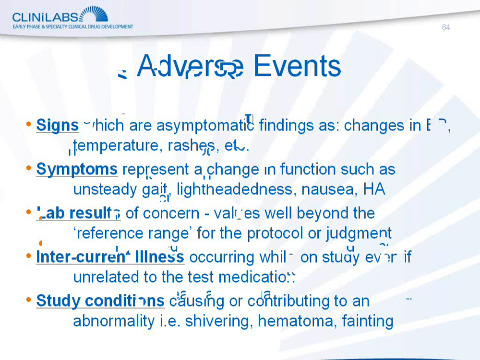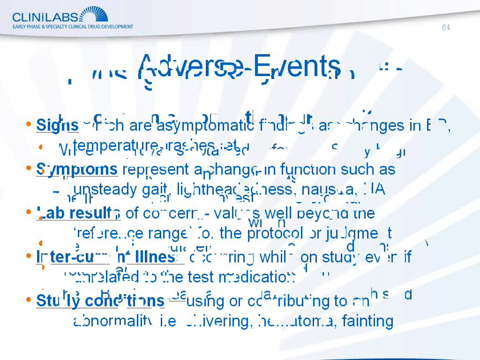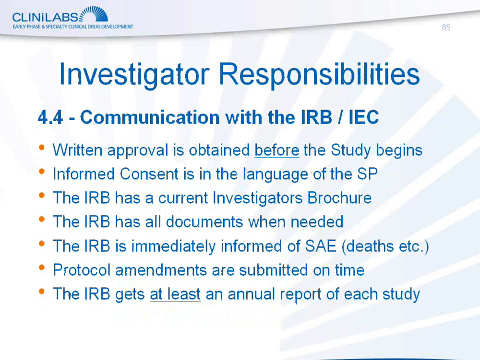The fourth responsibility, again, of the E6 investigator, Section 4, 13 different responsibilities, this is the fourth one, is the communication with the IRB, Institutional Review Board, or the International Ethics Committee. And this is that there is written approval before the study begins, that the informed consent is in the language of the study subject or participant.